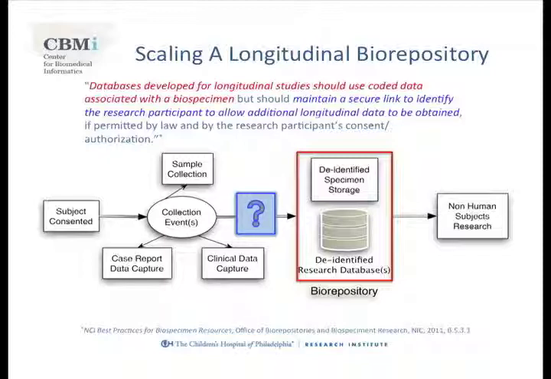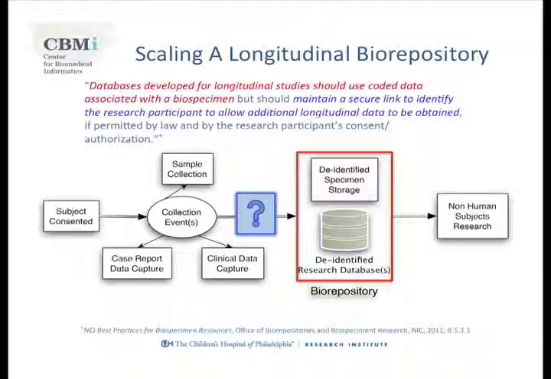On the far left, a subject gets consented onto the program, and then there's a multitude of collection events, sample collection, data collection. These things can occur in any particular order, so it's asynchronous. And then that data has to get into a de-identified repository, both sample data and associated coded data.